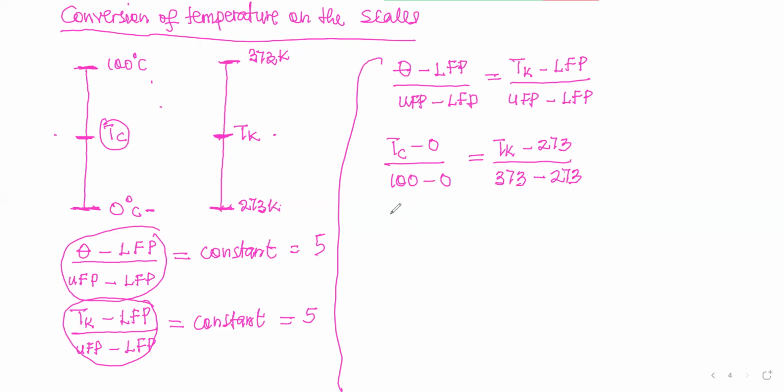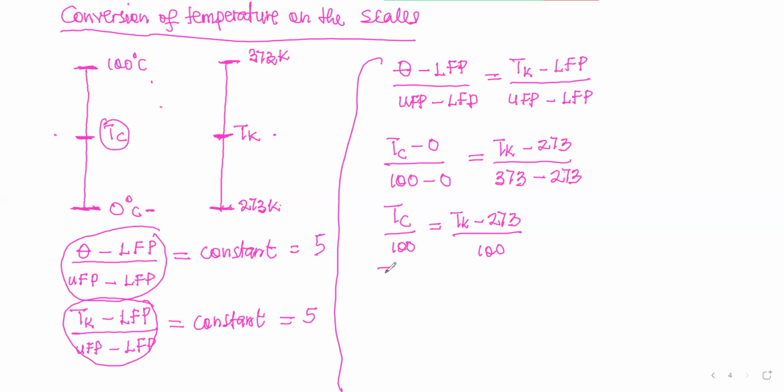And when you simplify terms, you have TC over 100 is equal to TK minus 273 also over 100. When you cross multiply, 100 will cancel 100.